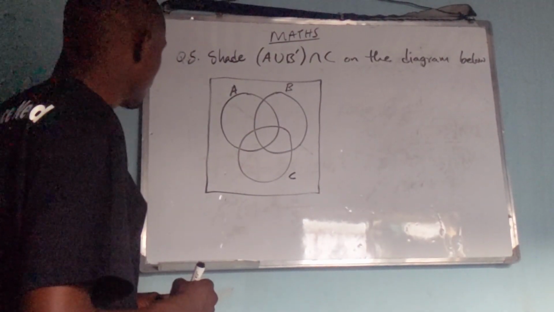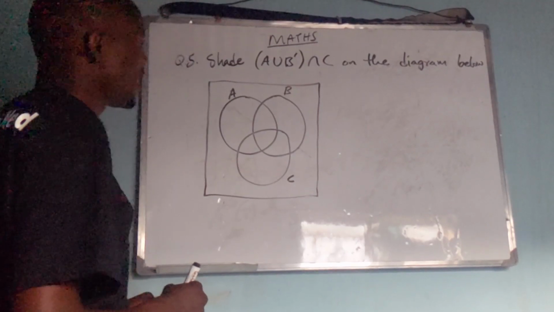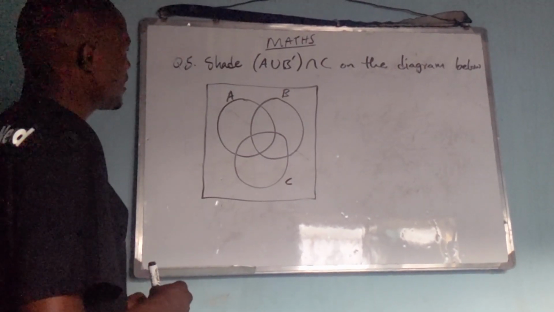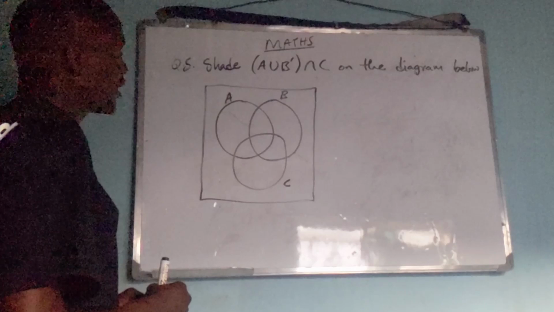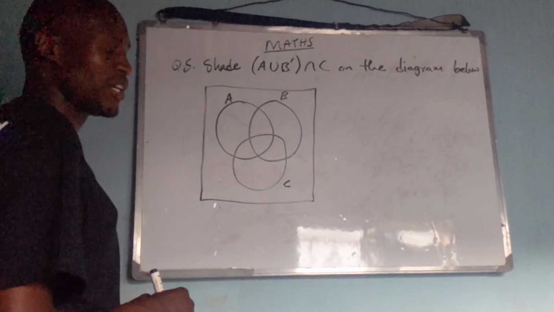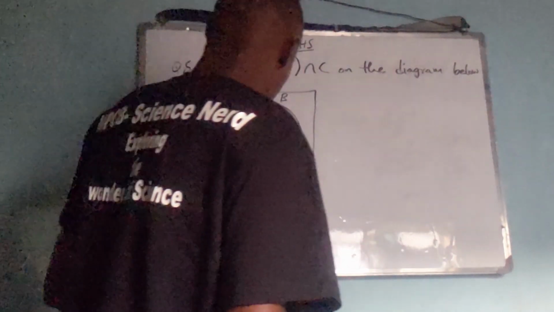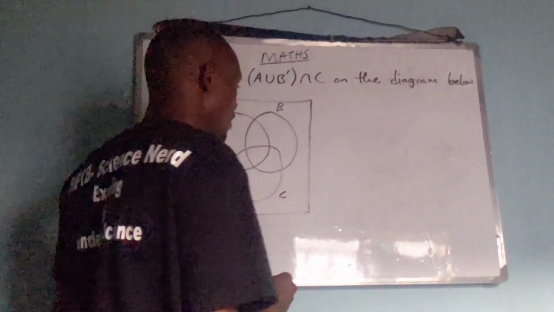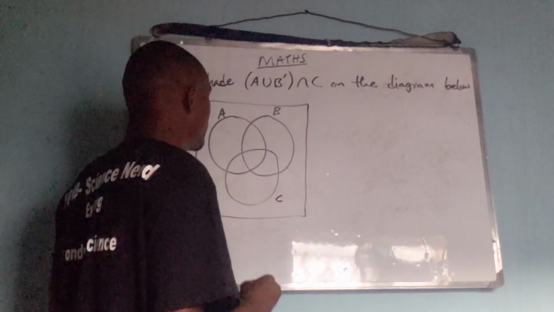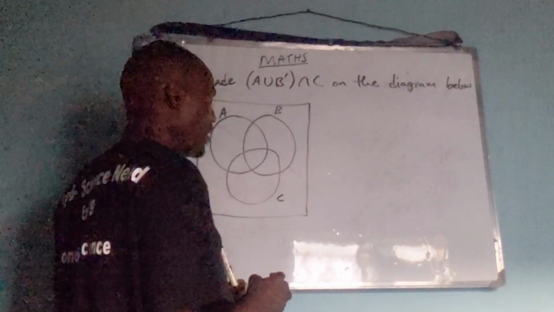So the question says, shade A union B complement in brackets, intersection C on the diagram below. Okay, so the first step is, first of all, we deal with what is in the brackets.